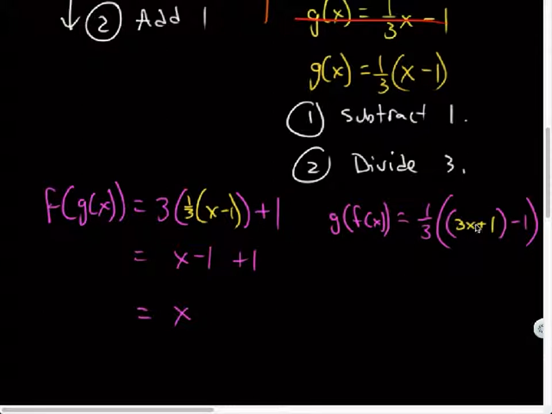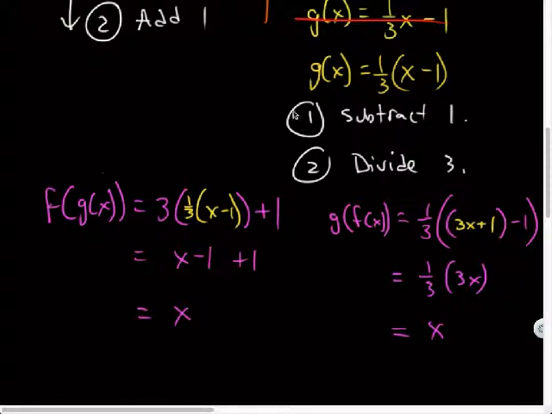So let's calculate this. Looks like I could do the plus 1 minus 1 first, right? And that cancels out, so I just have 1/3 of 3x. And what is 1/3 of 3x? X, plain old x, because 1/3 of 3 is 1, and 1 times x is x. So it turns out these are in fact inverses.